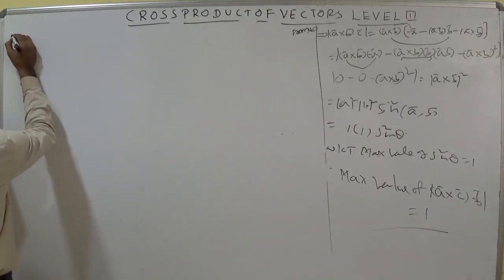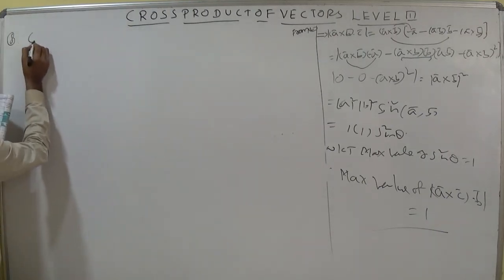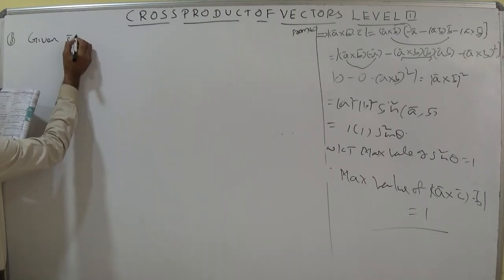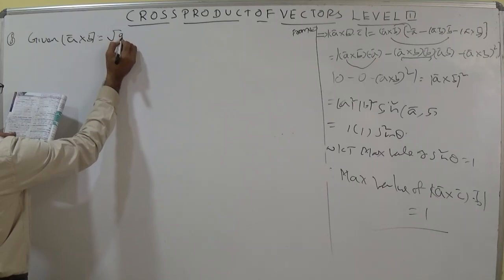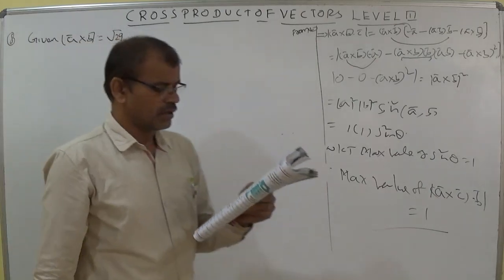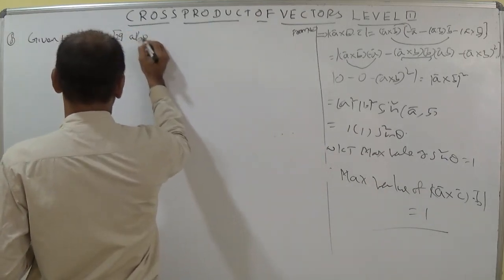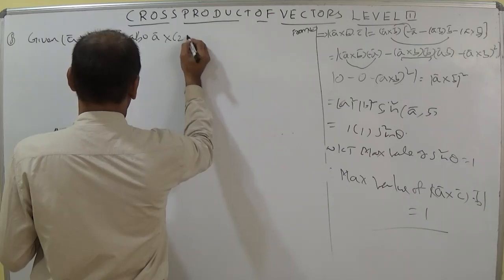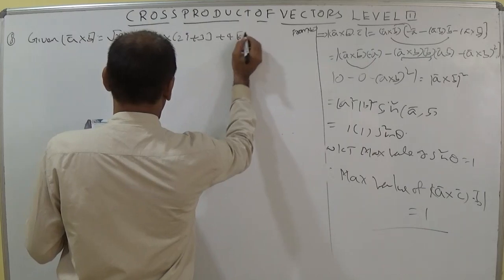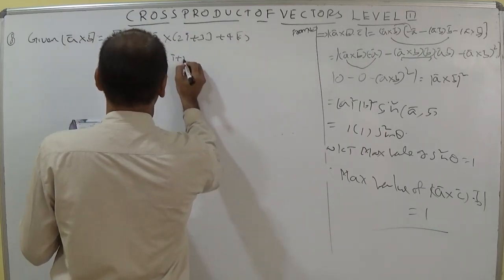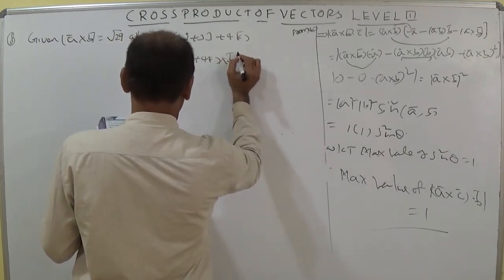If A bar and B bar are vectors such that modulus of A cross B is equal to root 29, and also given A cross of the vector 2i plus 3j plus 4k is equal to 2i plus 3j plus 4k cross B bar.